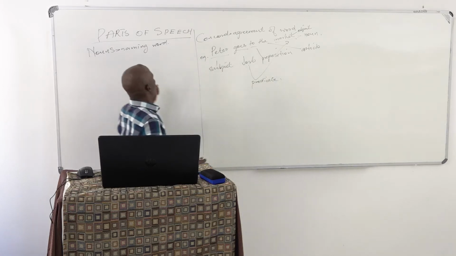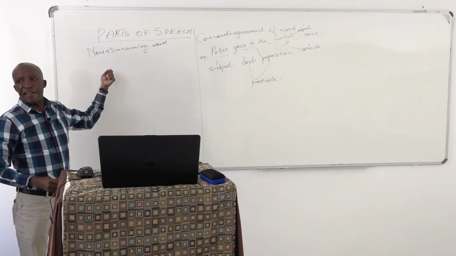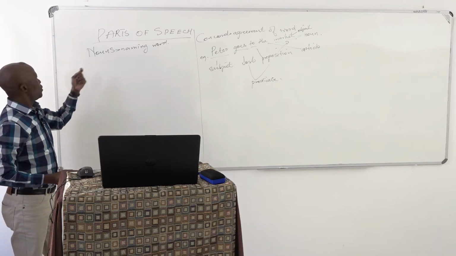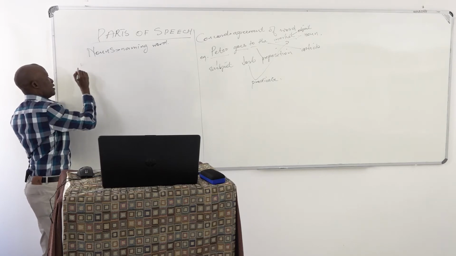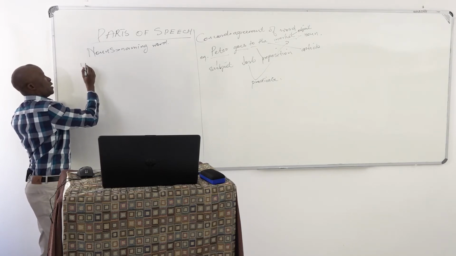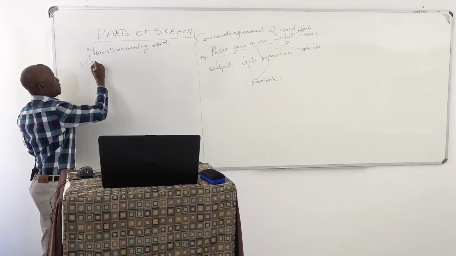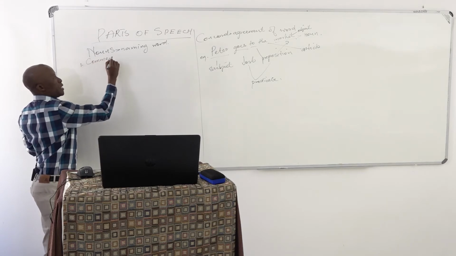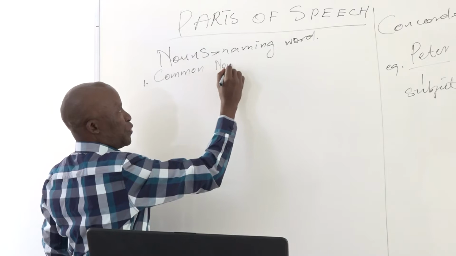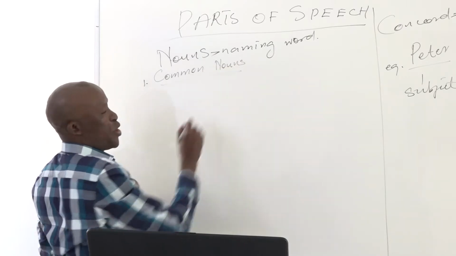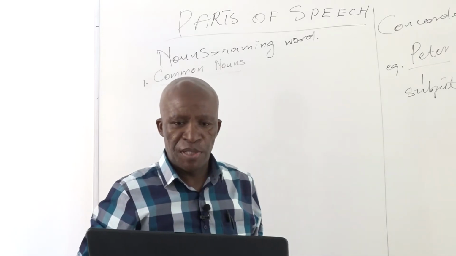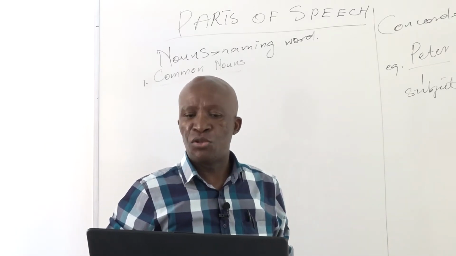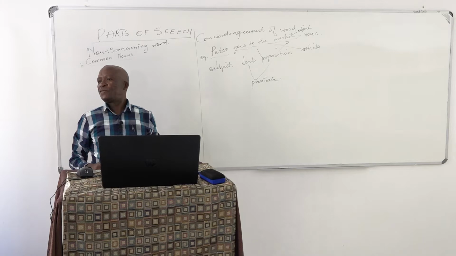Now let's go back to our main topic, the noun. Under nouns, we've got different types of nouns. One, we've got common nouns. Common is everything that you are always familiar with.